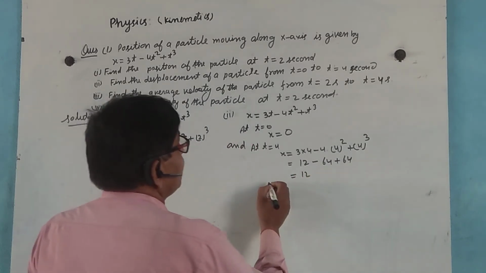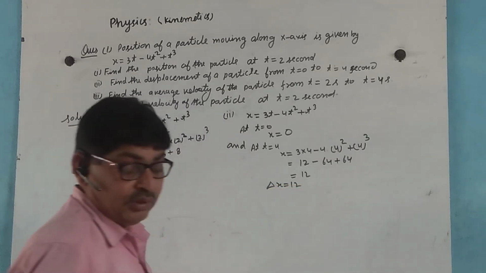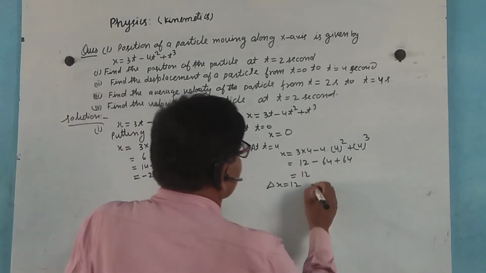It means that delta x is equal to 12. This is the second answer.